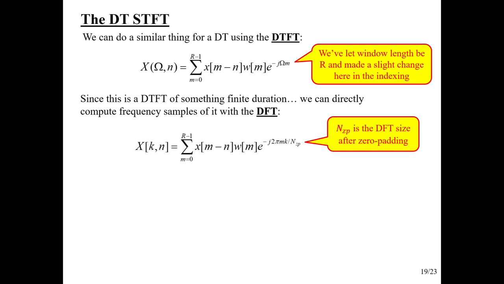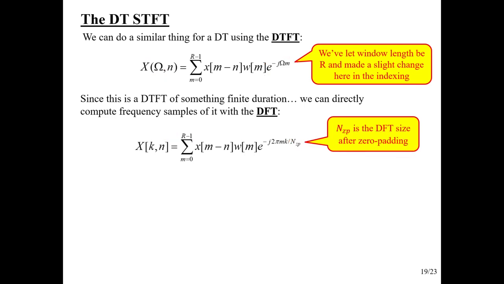And so now I can interpret this. This was in terms of a DTFT, so I had that on a continuum. But in reality, I can compute only a DFT of this. So we have the whole grid error issue, so we might want to do some zero padding. So I collect R samples, but I actually do my DFT computation with some zeros padded on.